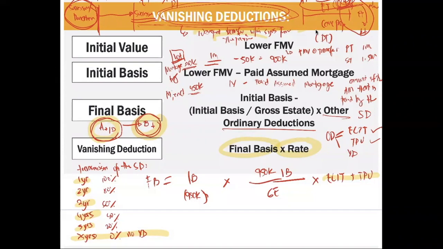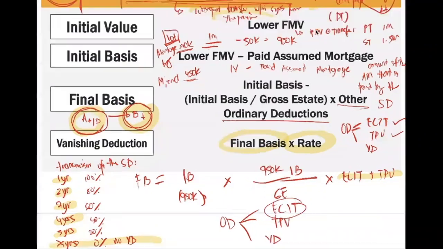Okay. That's for vanishing deduction. So again, what are your ordinary deductions? We have 3. ELIT, we have your transfer for public use, and then we have your vanishing deductions. Okay? We discussed what are the items of your ELIT. We discussed what is a PPU and what is a vanishing deduction.